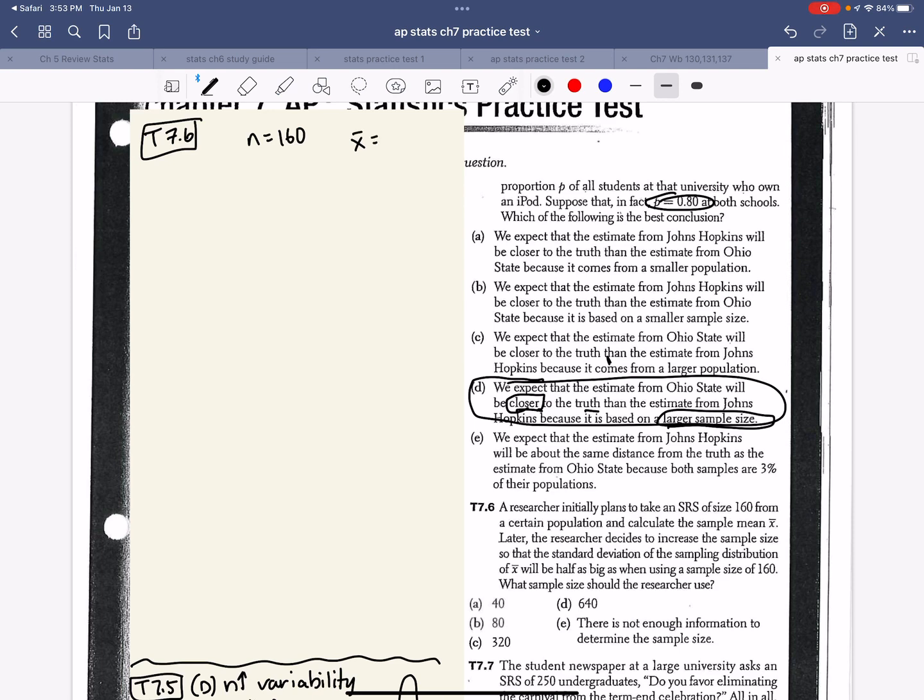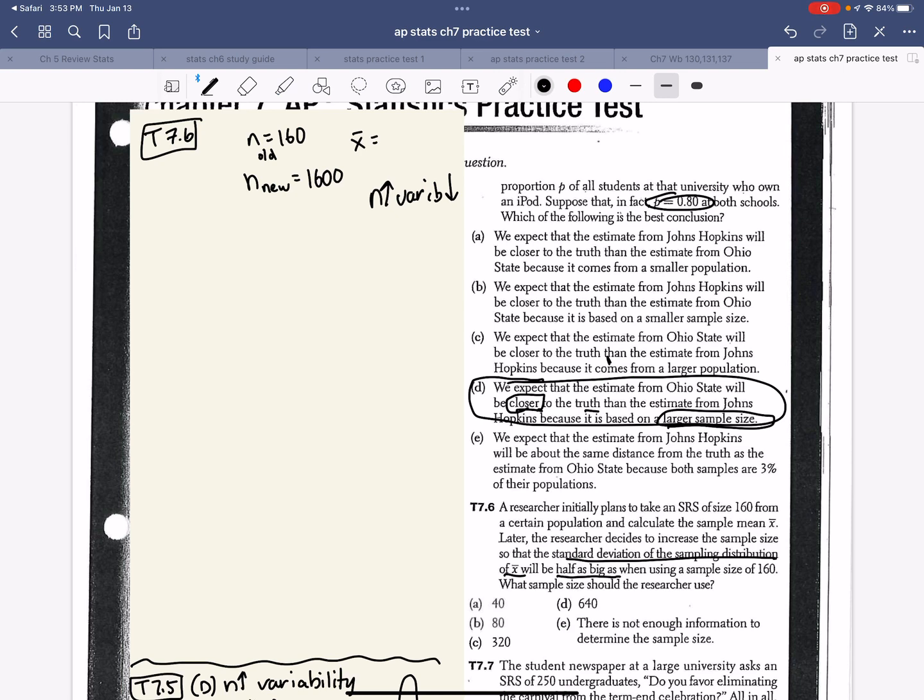Later, the researcher decides to increase the sample size, so this one's the old one, and then they make a new one where this is bigger. Maybe 10 times bigger, I don't know. Later, the researcher increases the sample size so that the standard deviation of the sampling distribution will be half as big. So as n goes up, the variability goes down.